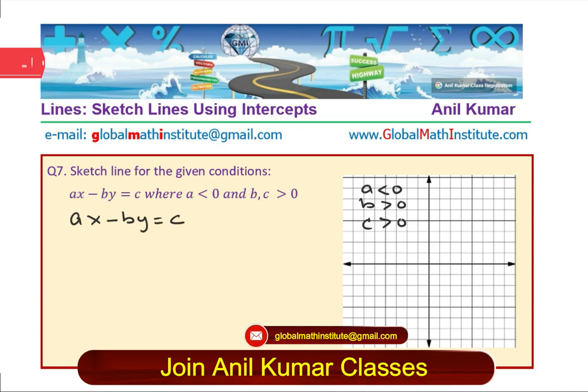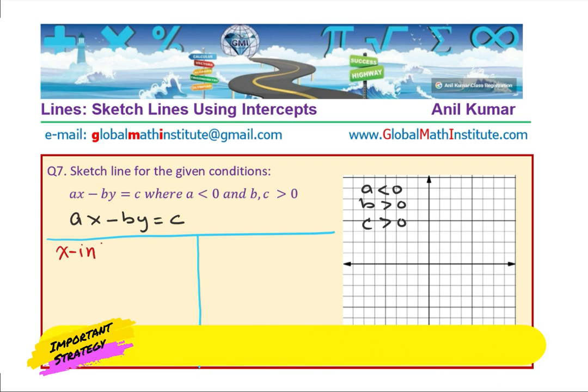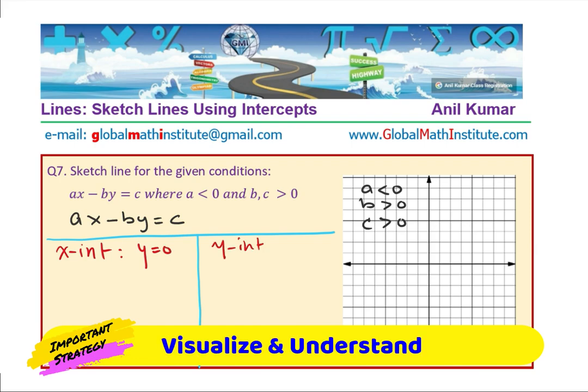So what are you going to do? You have to find the x and y intercepts. That will tell you how the graph goes, right? For finding the x-intercept, we'll equate y to 0, and to find the y-intercept, we will equate x to 0. Perfect. So let's do that.